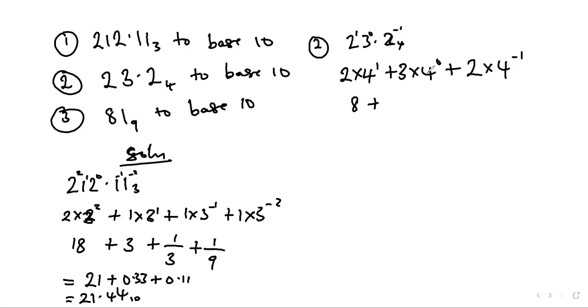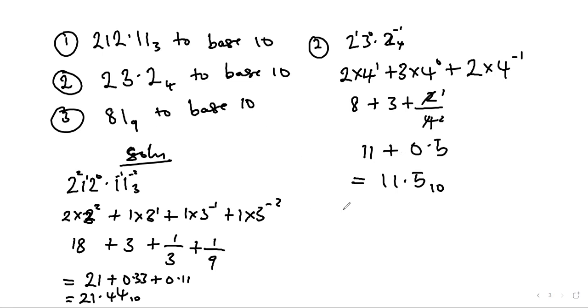Now 4 raised to the power of 0 is 1. 3 times 1 is 3, plus 2 over 4, that's 0.5. So 8 plus 3 is 11 plus 0.5, which will give you 11.5 base 10. So we've converted this base 4 number to base 10.